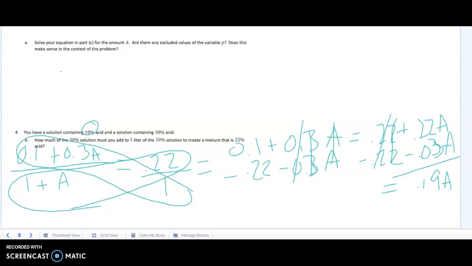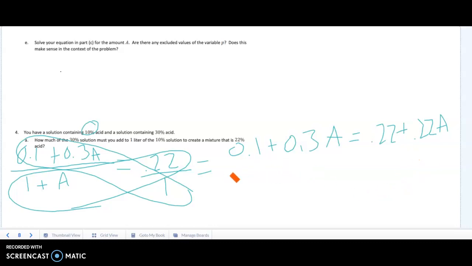Oh, I did that wrong. Hopefully you caught that. That should have been 0.3. So that would have given me a negative. Okay, let's not do it like that. I don't want to subtract that way.